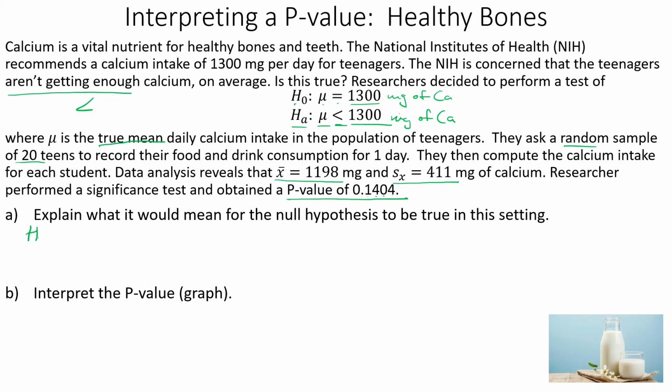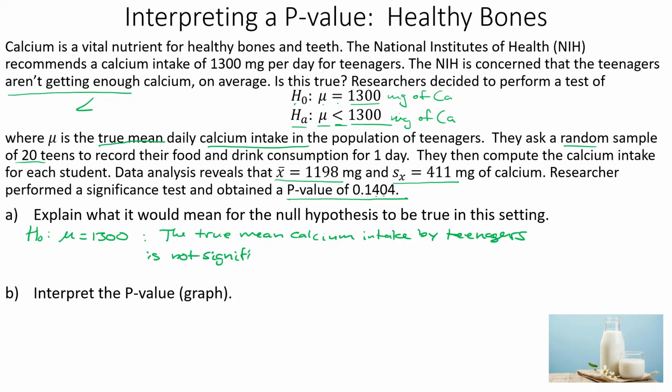All right, well, our null hypothesis is that the mean is 1,300. In other words, what that would mean is the true mean, and I'm going to go ahead and state context, true mean calcium intake by teenagers is not significantly different from 1,300 milligrams.